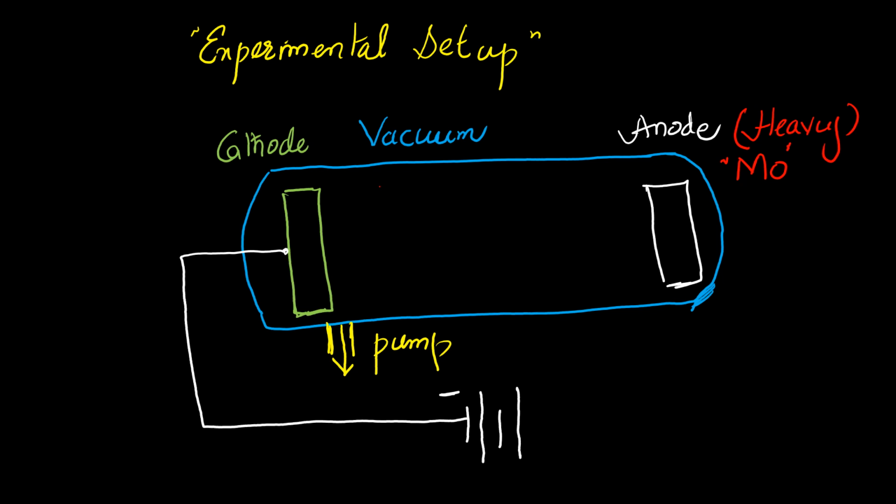This is the negative terminal of the battery, whereas this is the positive terminal of the battery. So basically the cathode is an electrode connected with the negative terminal of the battery, whereas the anode is a positively charged electrode which is connected with the positive terminal of the battery.